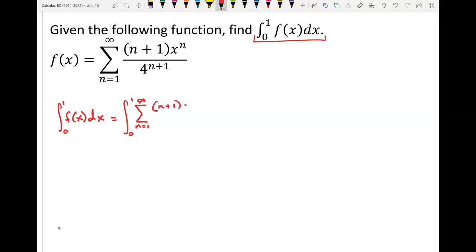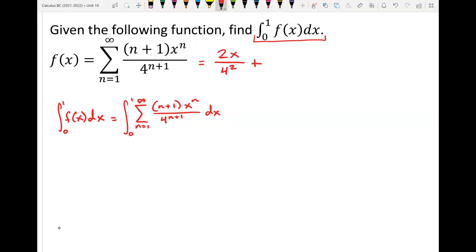Now, if you think about this sum, this is just all these terms listed out, right? Throw on a dx there. It's pretty much a polynomial, right? That's infinite. So let's write it here. If I was to find the first couple terms of the series, that would be 2x to the 1 over 4 squared.